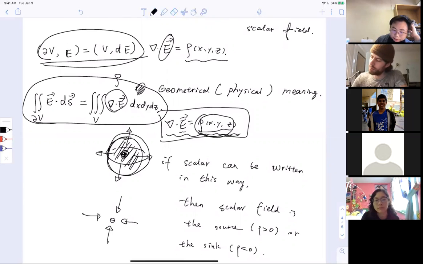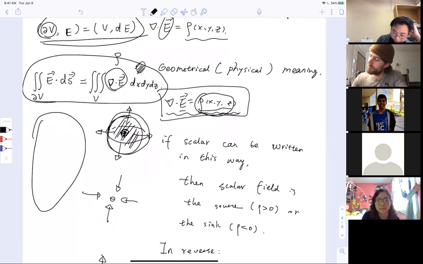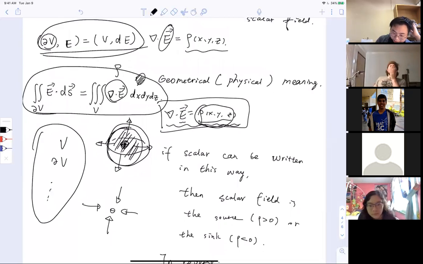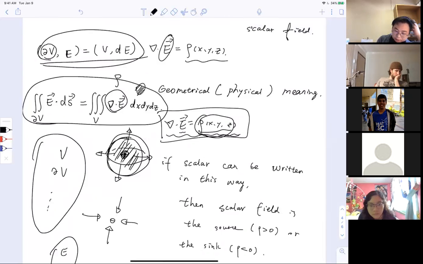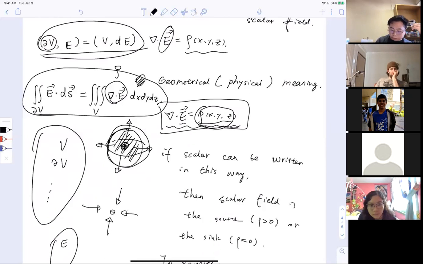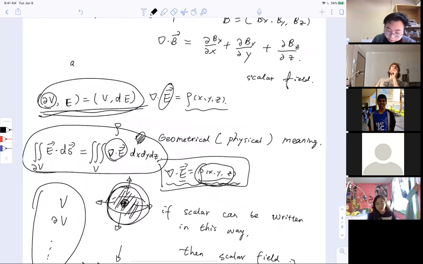Actually, more abstractly speaking, you can think of this volume as coming from a vector space, like V, partial V, and this E is also from a more general vector space. And this operation is a kind of inner product or dot product between those two vector spaces. So it's like partial V dot E equal to V dot dE. This is actually called the generalized Stokes theorem.